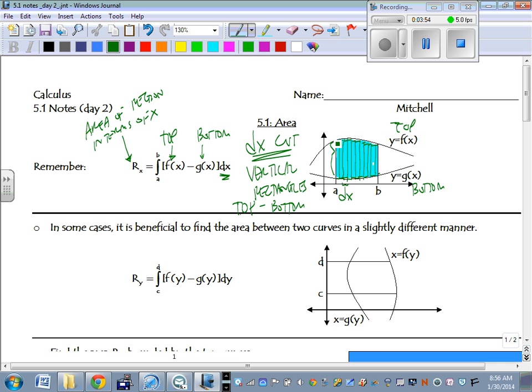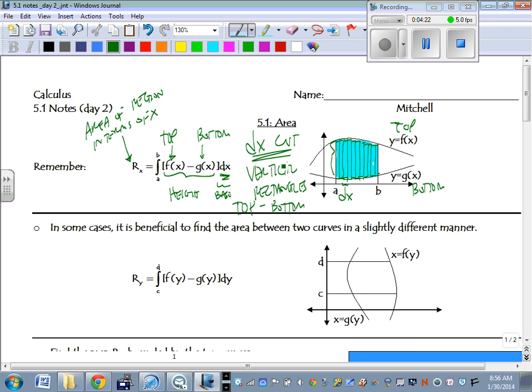Well, this y value happens to be f of x, some function of x. This y value is g of x. So this f of x minus g of x, that's basically our height of each rectangle. This is our base. This is our height. So we're taking the base times the height of each rectangle, and then the definite integral adds all of those up. It's the limit of the sum of all of those.